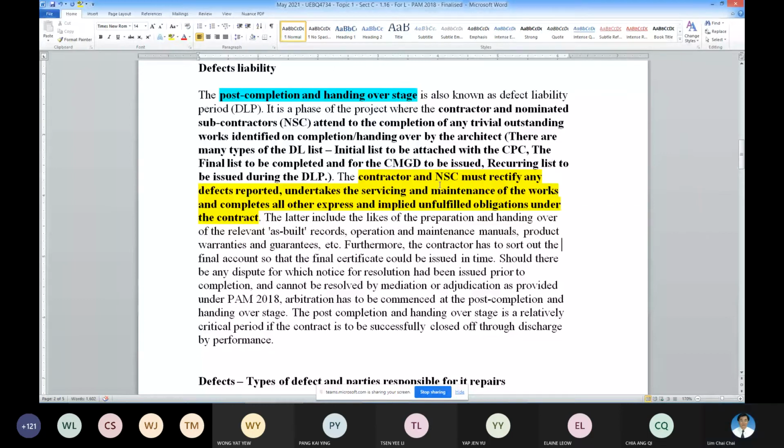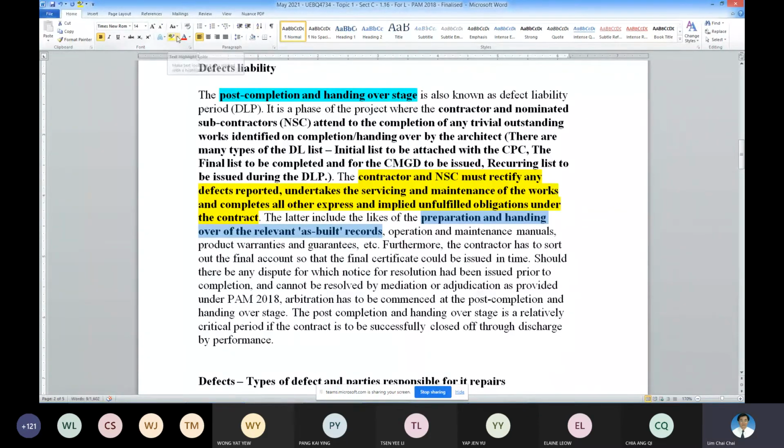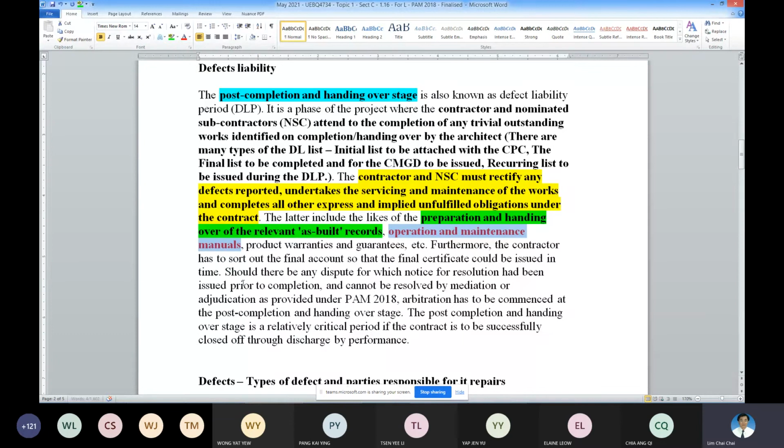So they have to start preparing the handover documents. This is one of them: your as-built drawings, operation manuals, warranties, guarantees, and so on, plus a lot more.